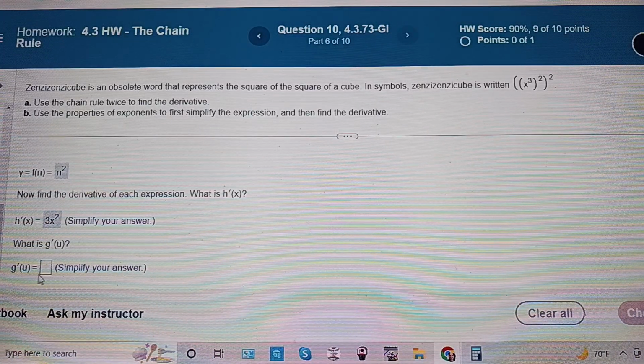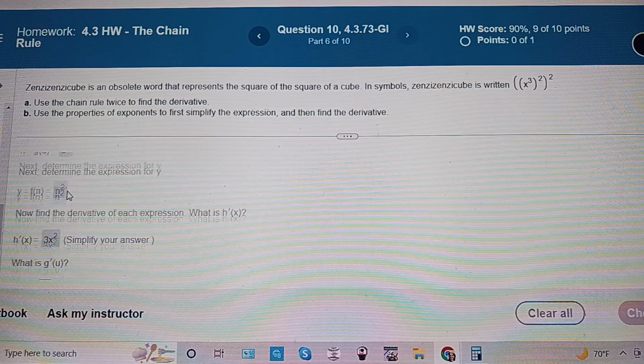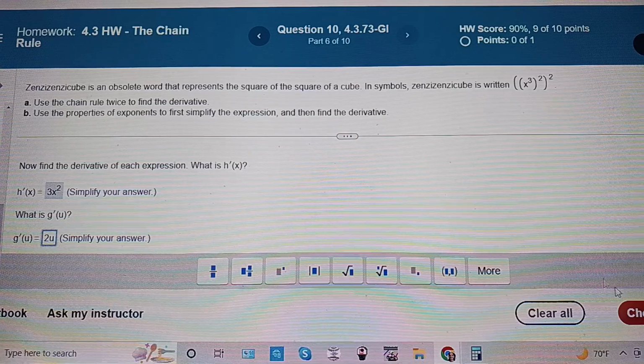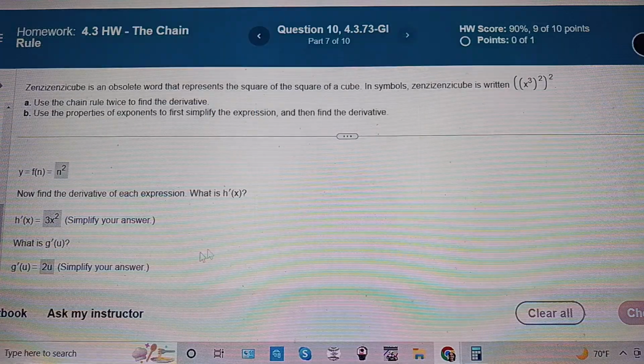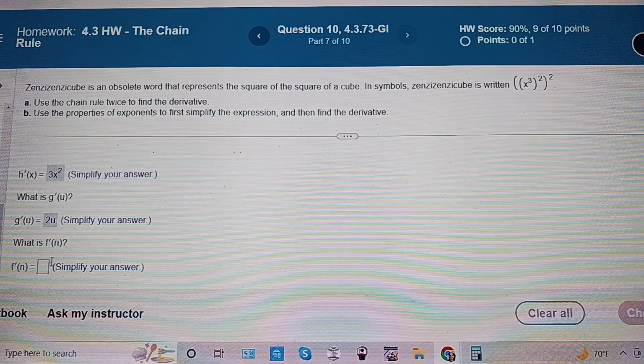The derivative of g of u, just look at your g of u, the derivative of that would be 2u. And the derivative of f of n, f of n is n squared, so the derivative of that would be 2n.